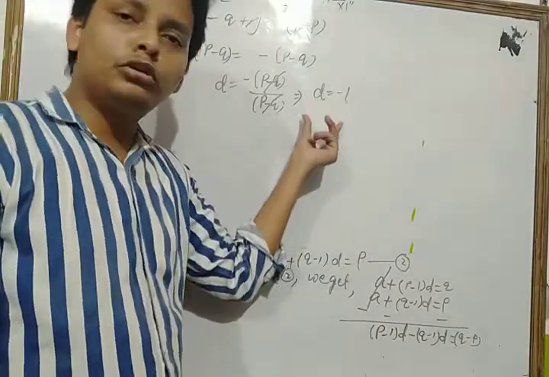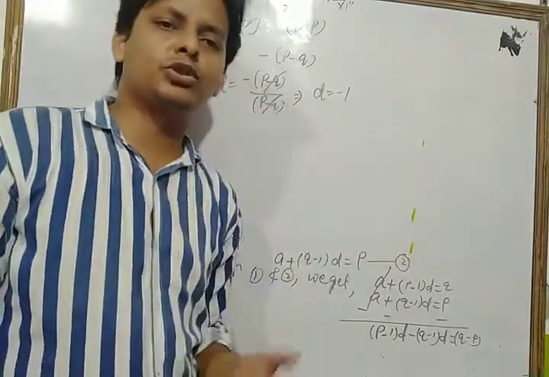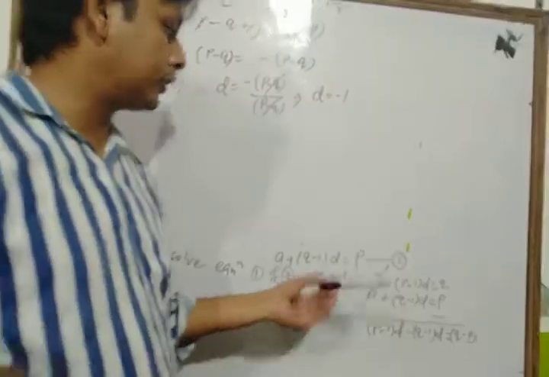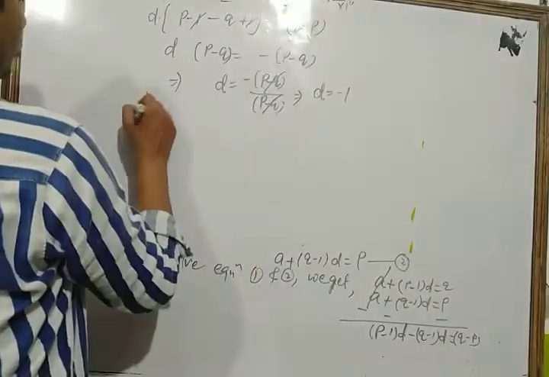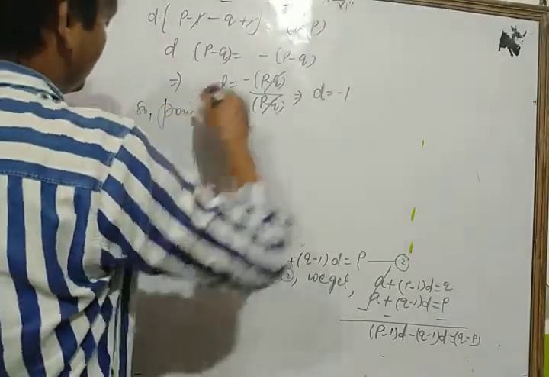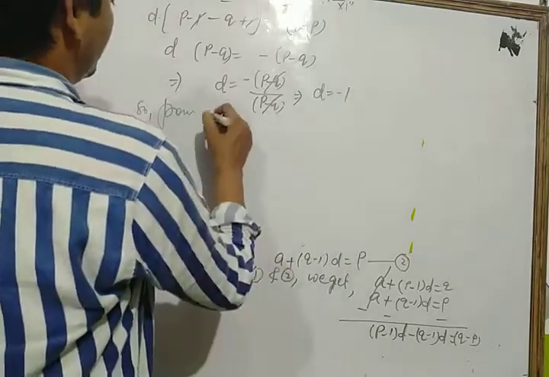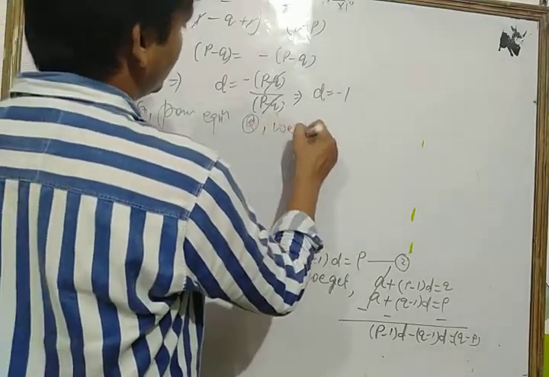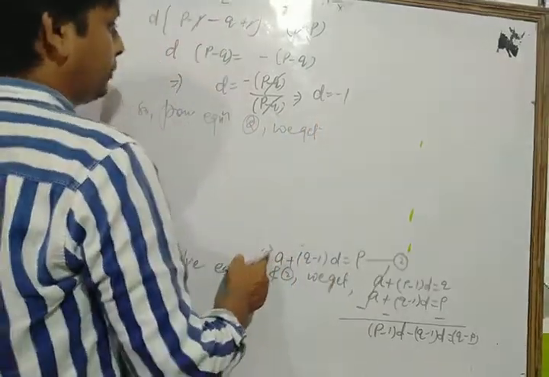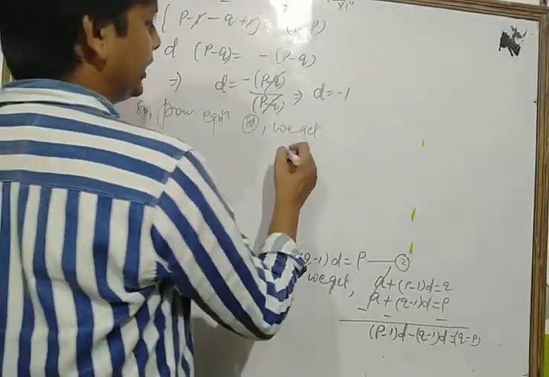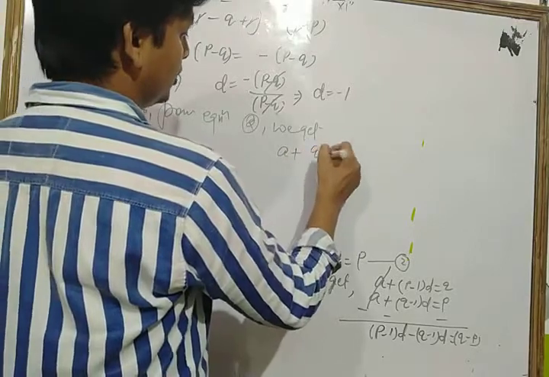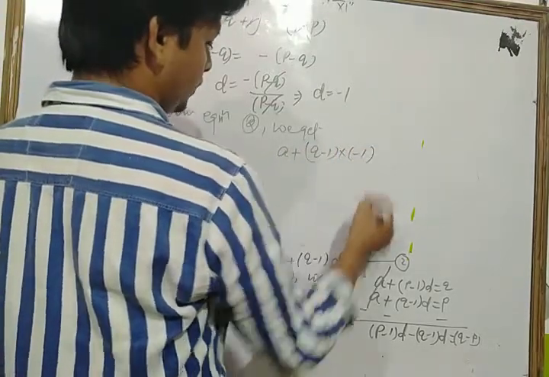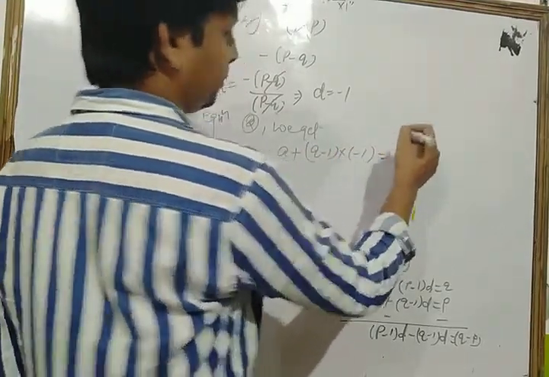Now, dear student, we put the value of d in either equation 1 or 2. From equation 2, putting the value of d as minus 1, we get a plus (q minus 1) into (minus 1) is equal to p.